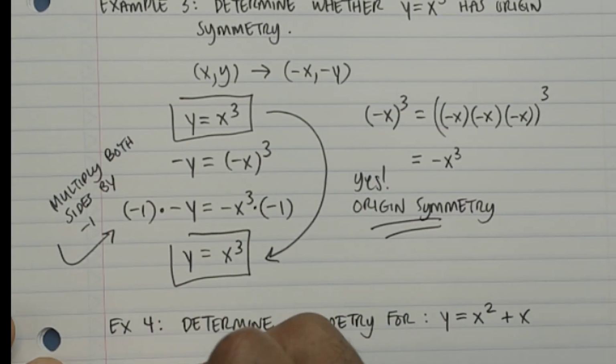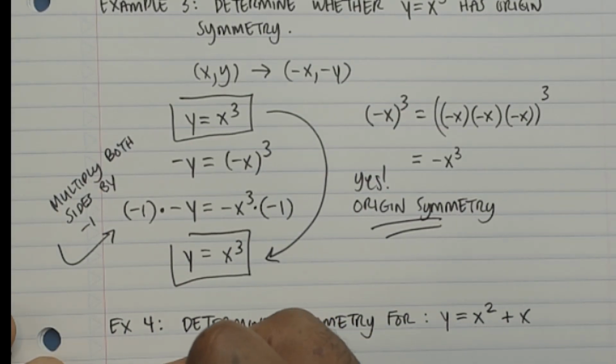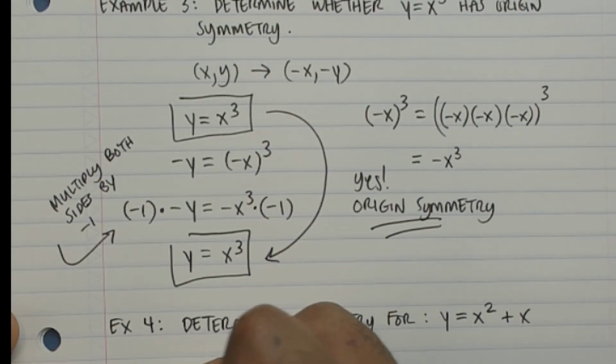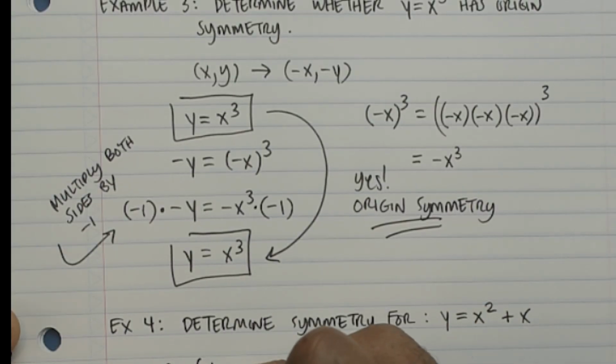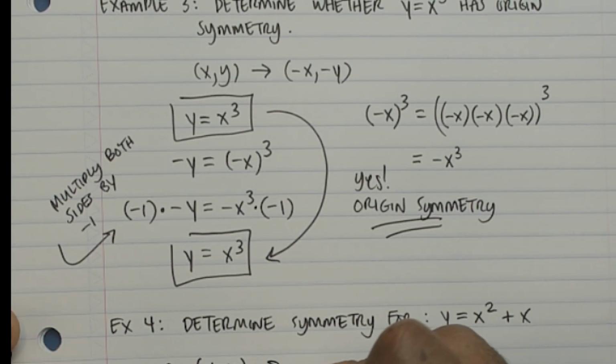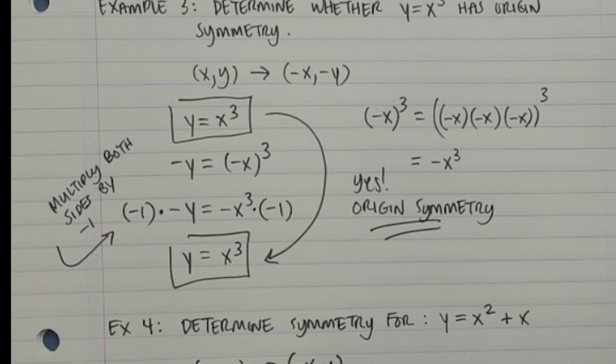In order to test for y-axis symmetry, remember we go from x comma y to negative x comma y. So in testing for y-axis symmetry, we replace x with negative x.